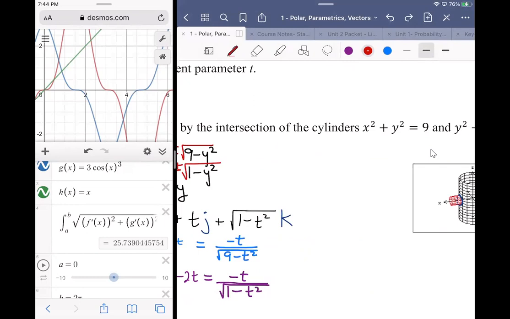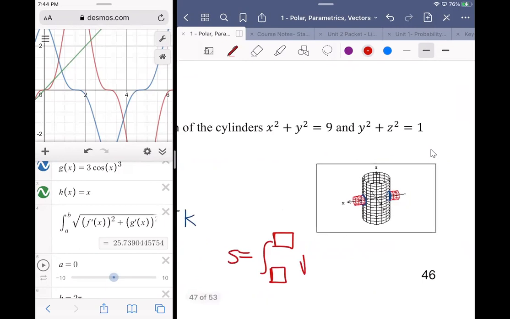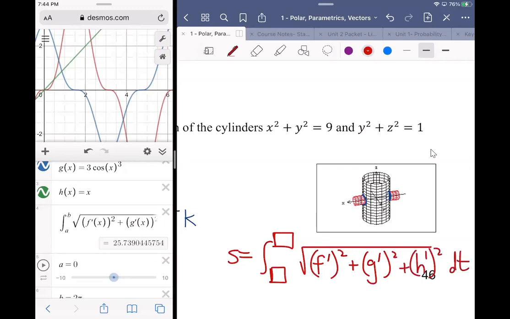So we would say S is equal to the integral from a to b of the square root of f prime squared plus g prime squared plus h prime squared dt.